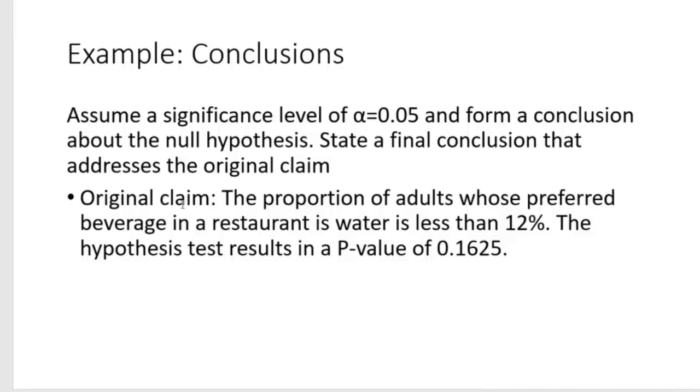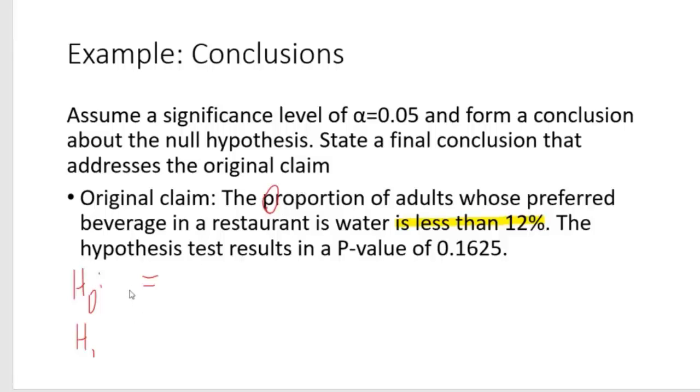Okay, here's our claim. Original claim: the proportion of adults whose preferred beverage in a restaurant is water is less than 12%. That's the claim. I also have to make my hypotheses. So I've got H sub o and H sub 1. H sub o has to include an equals.